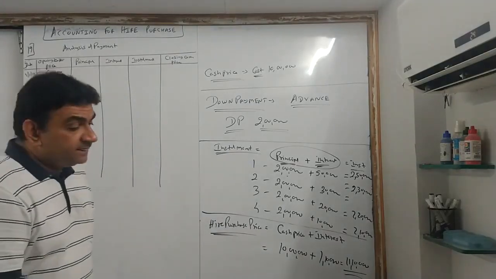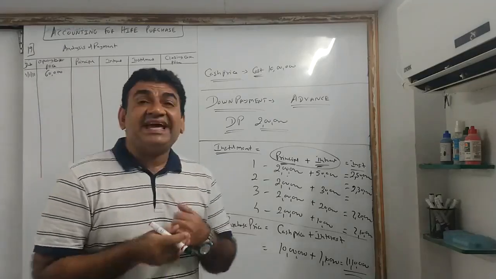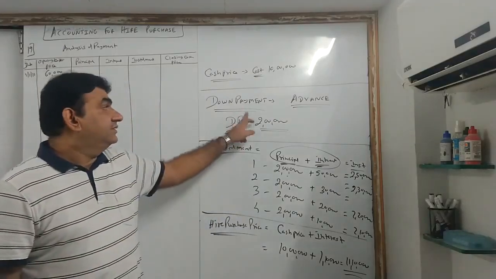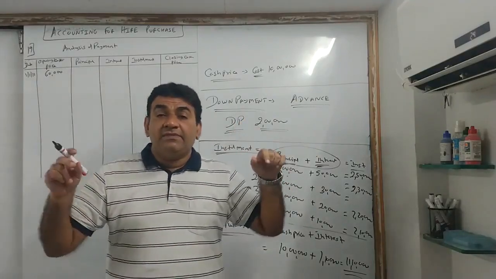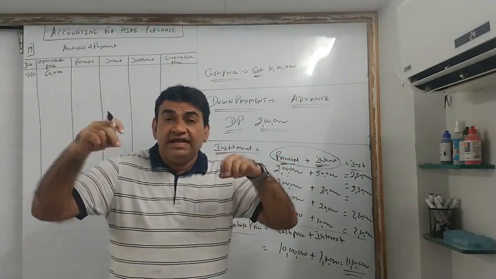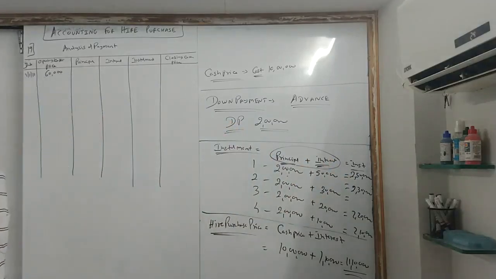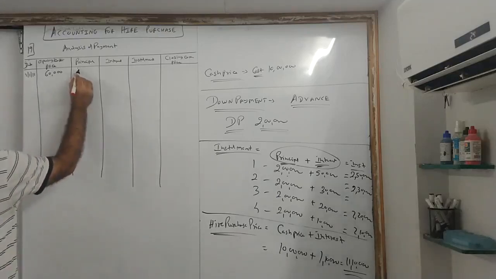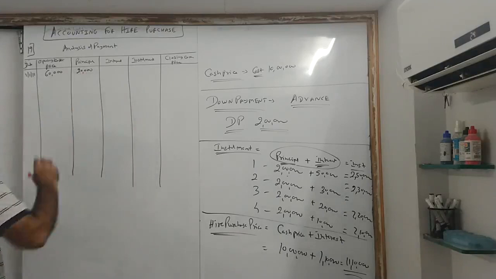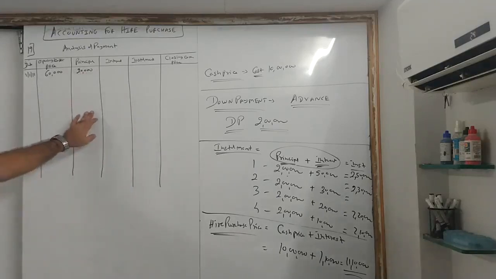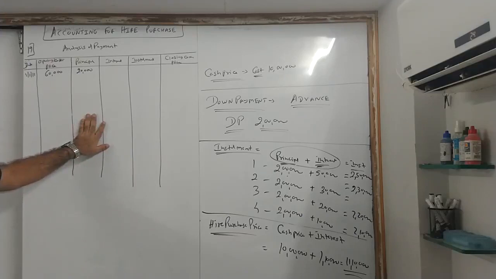Now listen. Amount paid on signing the agreement. What is that? Down payment. The day when you sign the agreement, you are making the payment. So that is nothing but advance payment that you are paying as of today. So that becomes a part of your principal payment, because out of 60 you are paying 20,000 on the spot today.